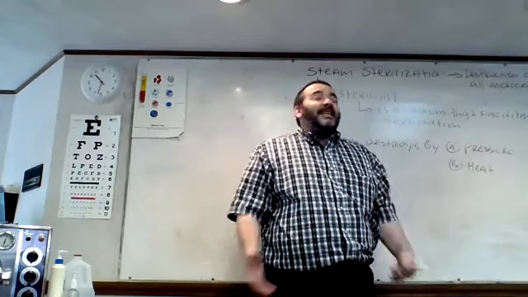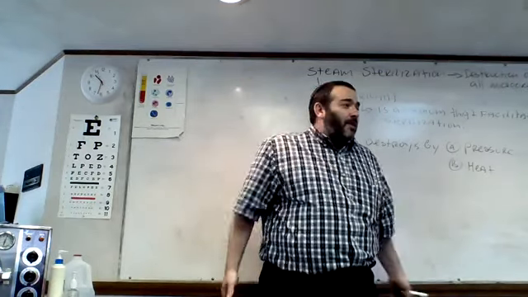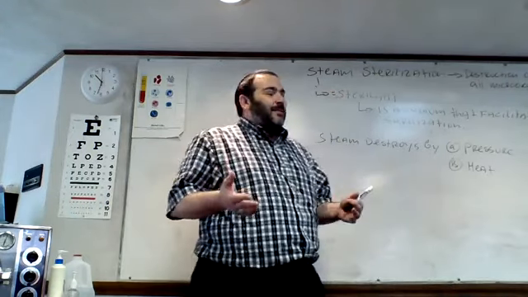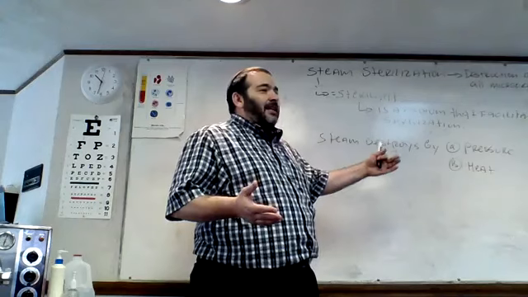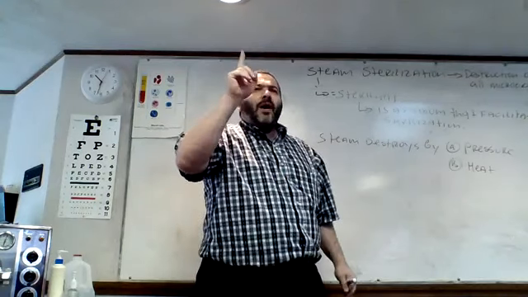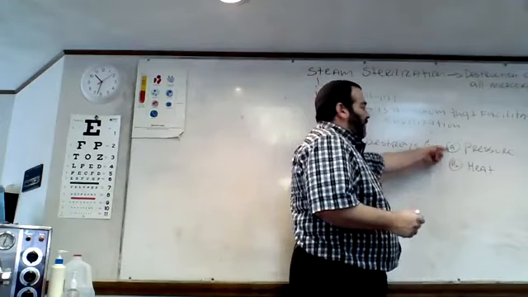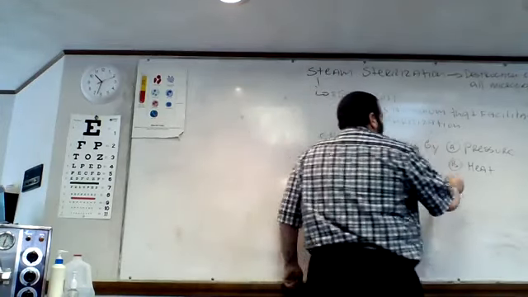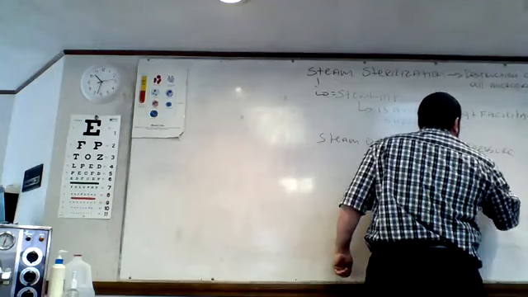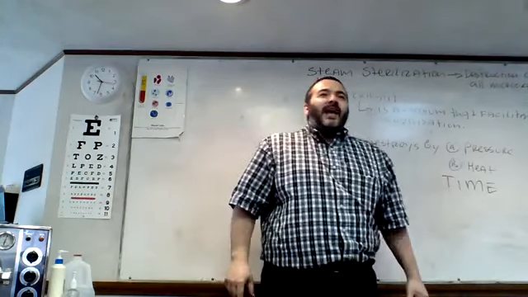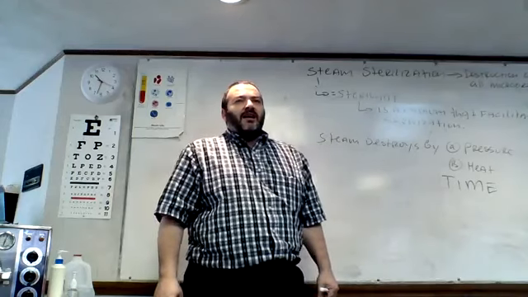Well, that's basically the essence and the formula by which we destroy microorganisms using steam. Pressure and heat. There's also one more factor that I'd like to add in there. And I'm not going to put it with the letter A or B, but I will write it in big letters. Time. You can't just do it halfway.